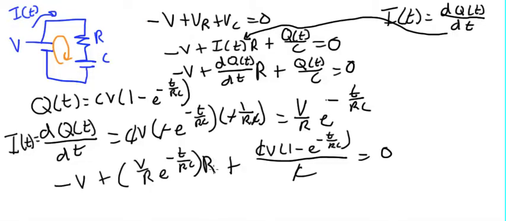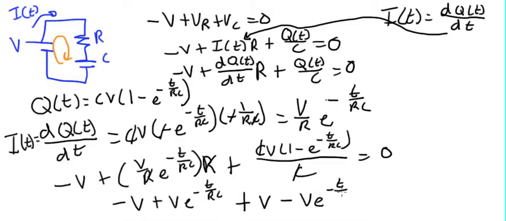This was multiplied by R, I forgot that, so just this part right here. The R's will cancel, we'll get minus V plus V e to the minus t over RC plus V, so we multiply in V, we get V times 1, that's V, and then a minus V e to the minus t over RC equal to 0.